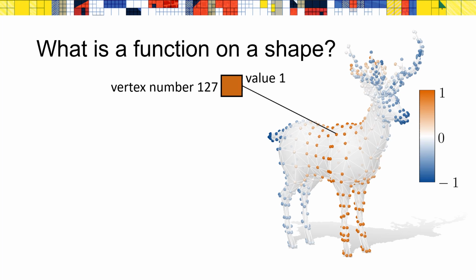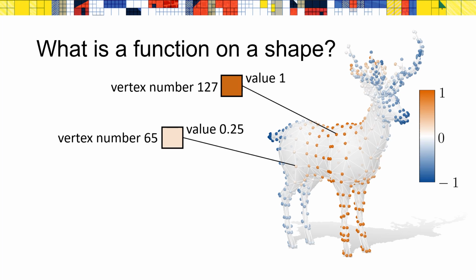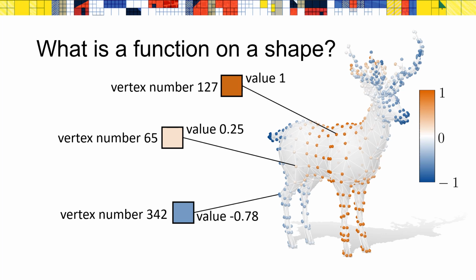In this case, we can consider the vertex number 127, and the value of the function at this point is equal to 1. So a function is defined in the same way on all the points. So at the vertex number 65, you have a different value, 0.25, and so on for all the vertices of the mesh.